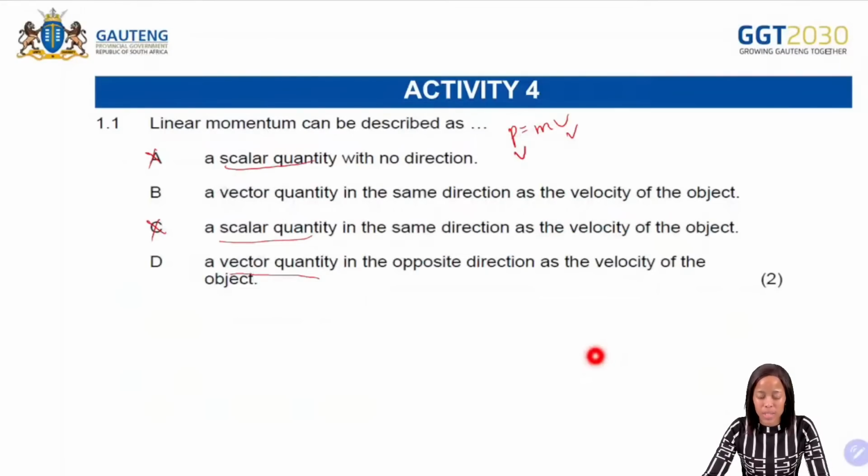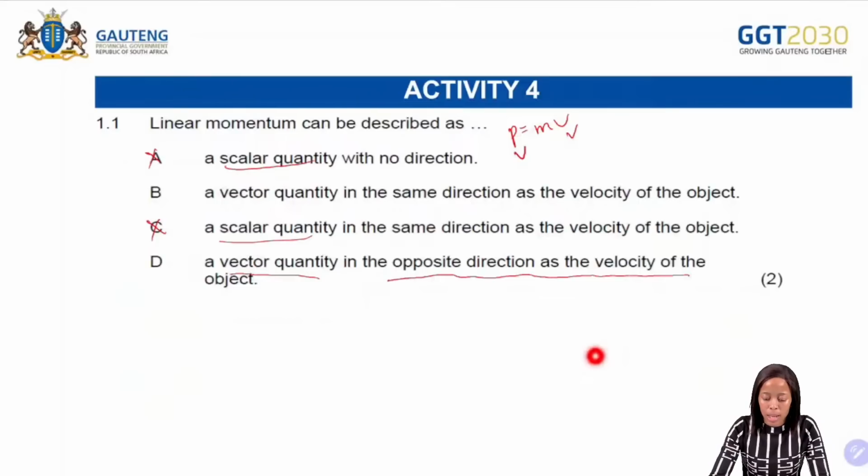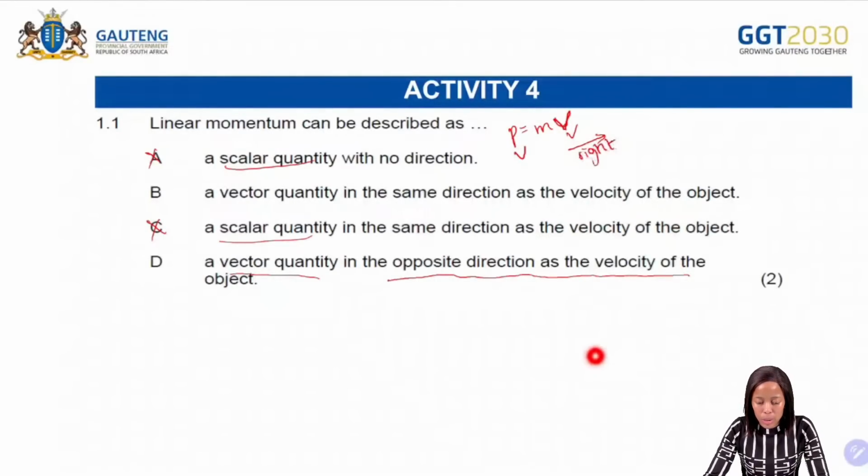If it's a vector quantity, what's the next step? It says in the opposite direction as the velocity of the object. What does this statement mean? For example, if the object is moving to the right, the direction of the velocity is also right.